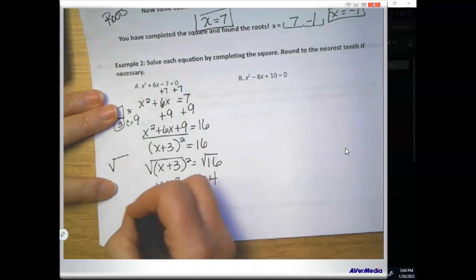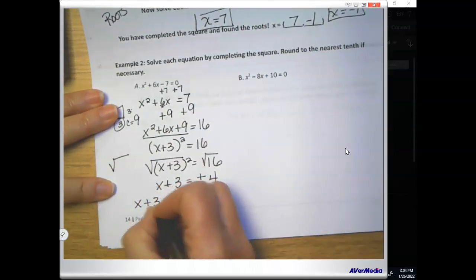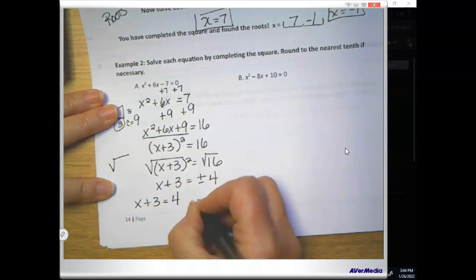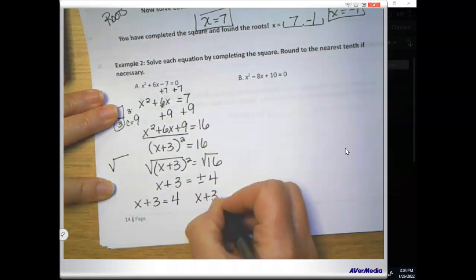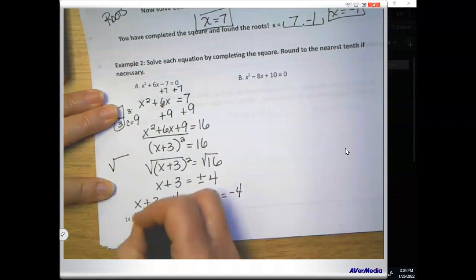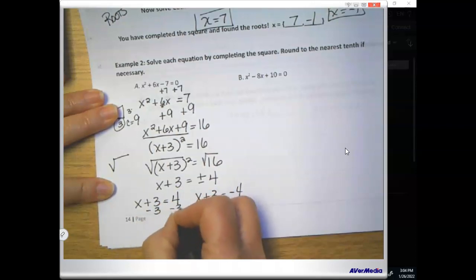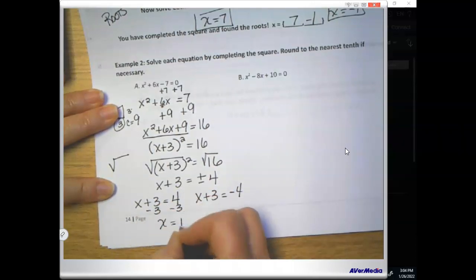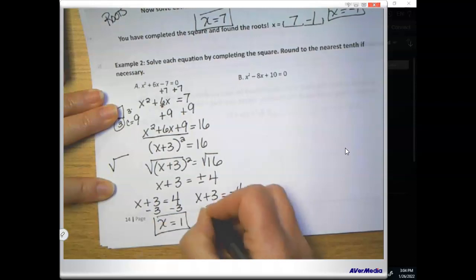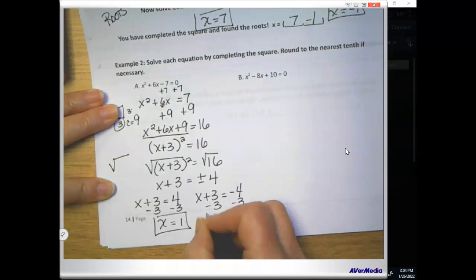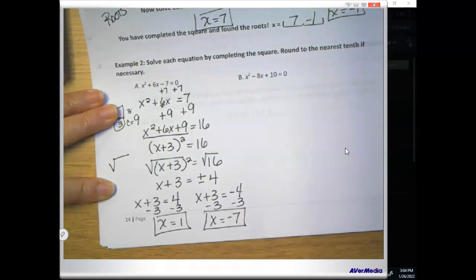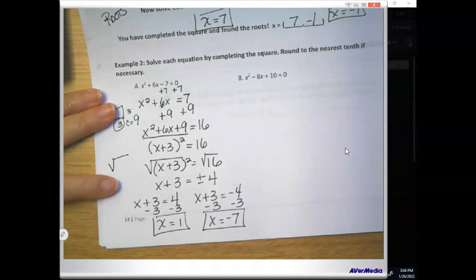Keep going. Got two equations to solve. One equals a positive 4, and one equals a negative 4. And solve for x. And there you have it. Again, this is just another strategy for factoring.